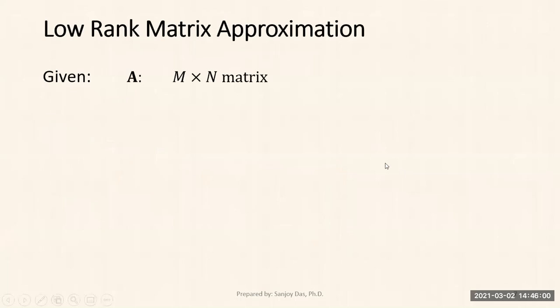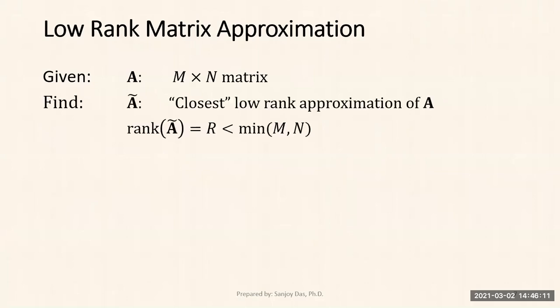Now, low rank matrix approximation. So we are given this matrix A, which is an m by n matrix. Okay, and A tilde is the closest low rank approximation of A. We want a matrix A tilde which is of lower rank than A. What's the maximum rank of A?